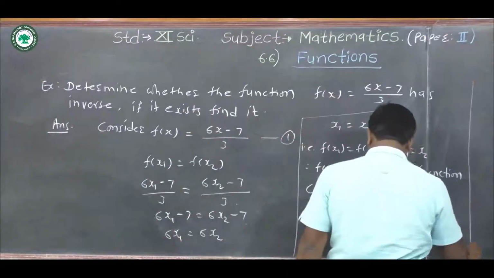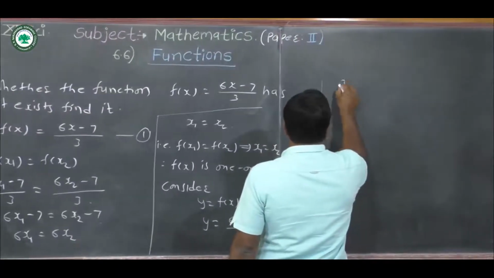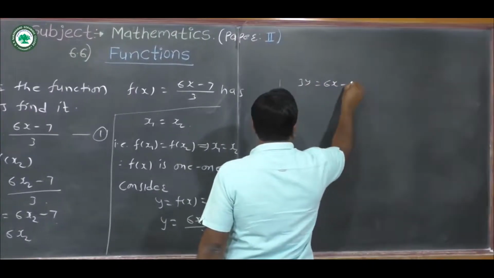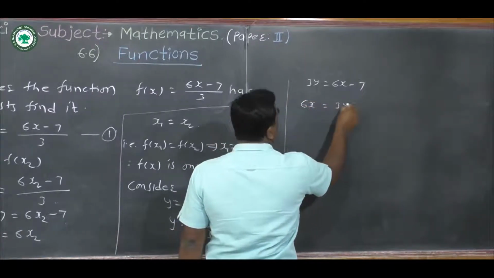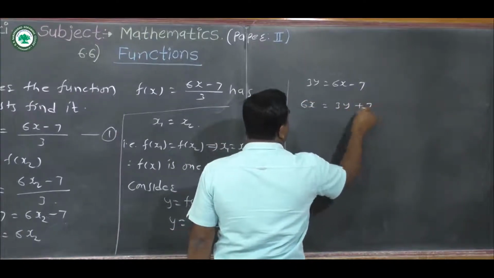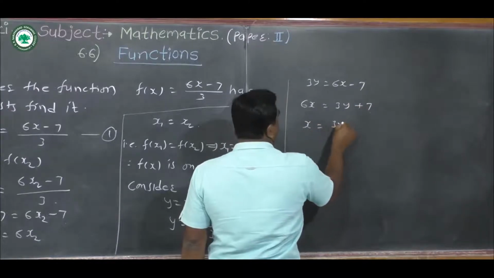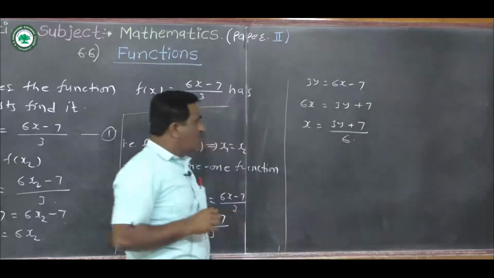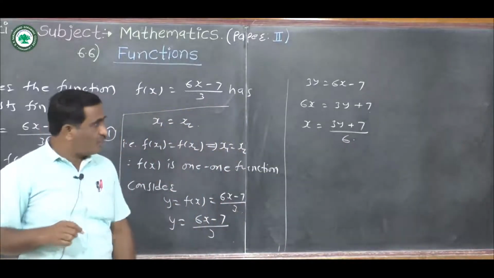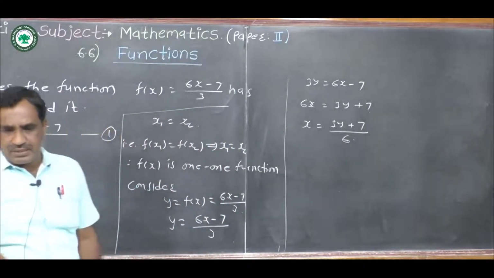Therefore, we can write 3y equal to 6x minus 7. That is 6x is equal to 3y plus 7. That is x is equal to (3y plus 7)/6. We get the value of x.